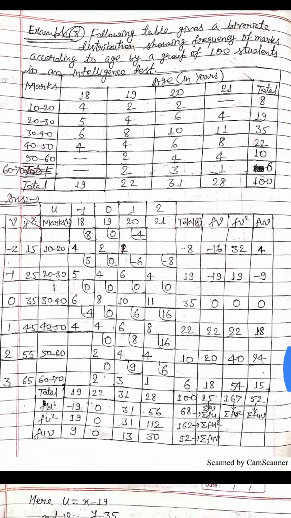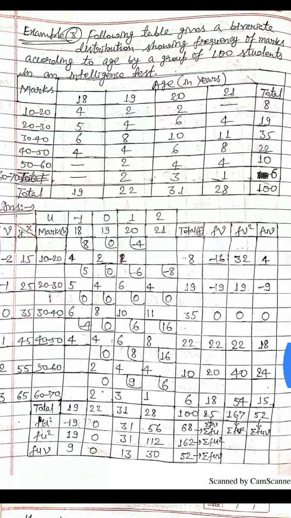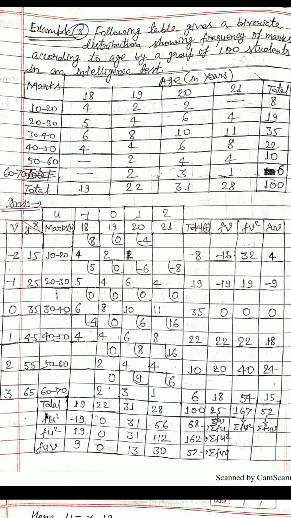In this table, the first column represents the marks, that is, class intervals of marks: 10 to 20, 20 to 30, 30 to 40, 40 to 50, 50 to 60, and the last is 60 to 70.